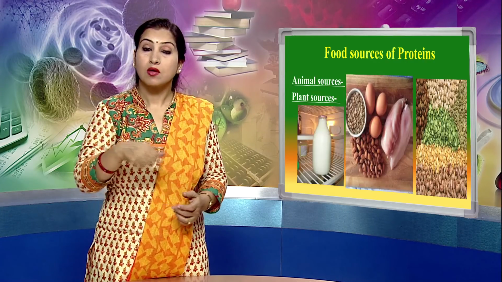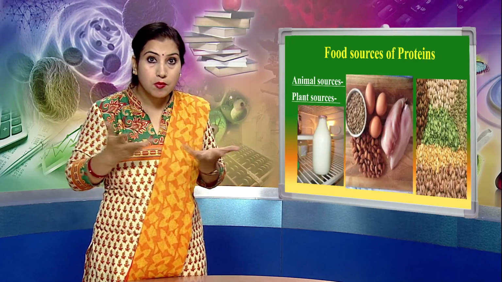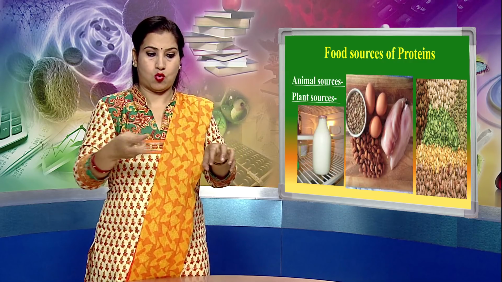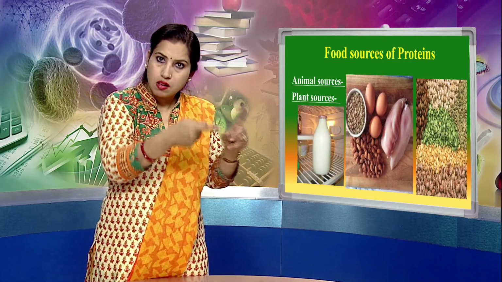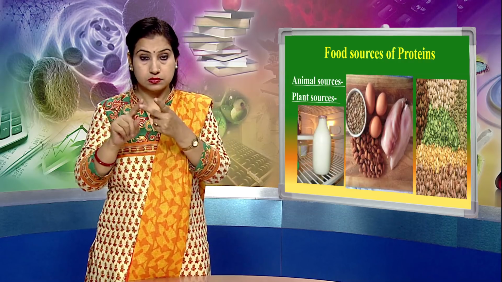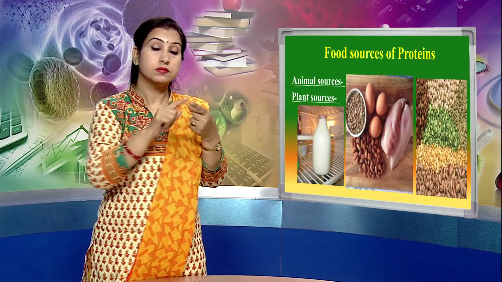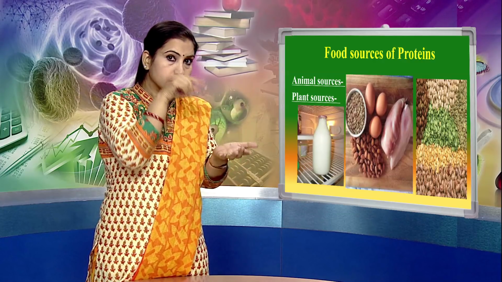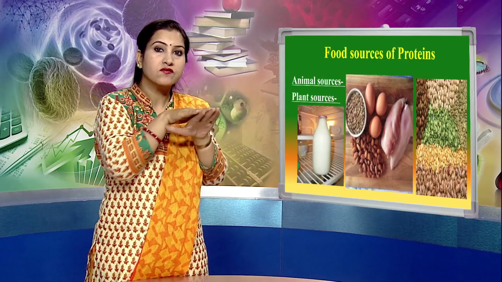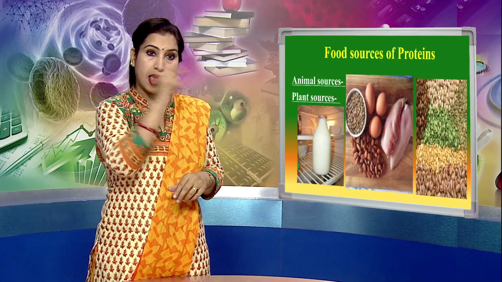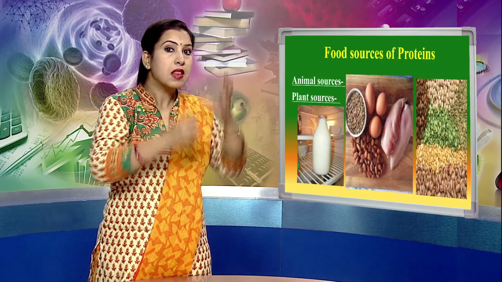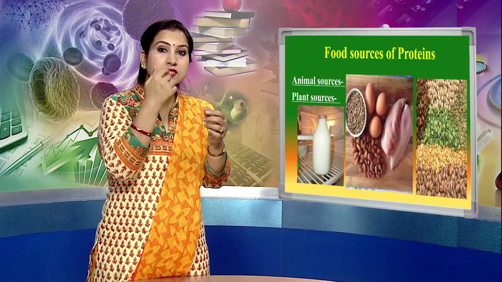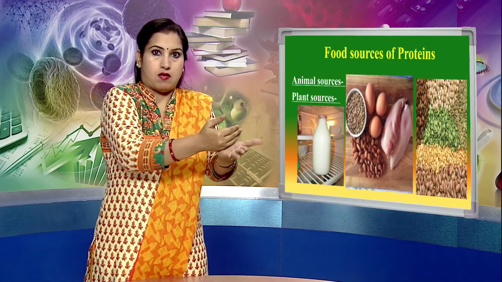The food sources of protein are divided into two sources. One is animal sources and the second is plant sources. Animal sources are meat, poultry, fish, eggs, milk, cheese, paneer, curd.